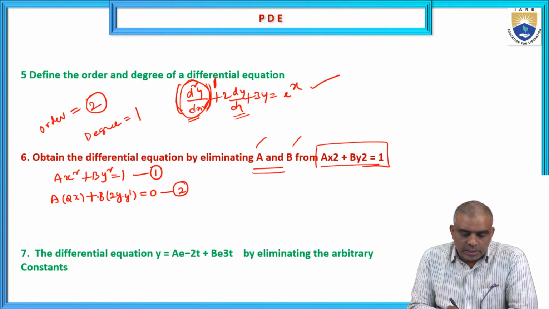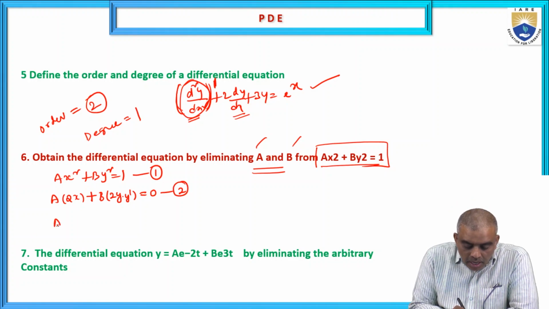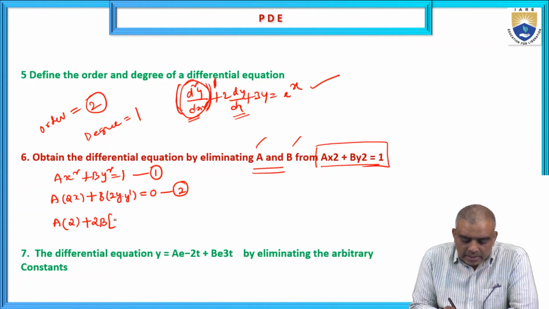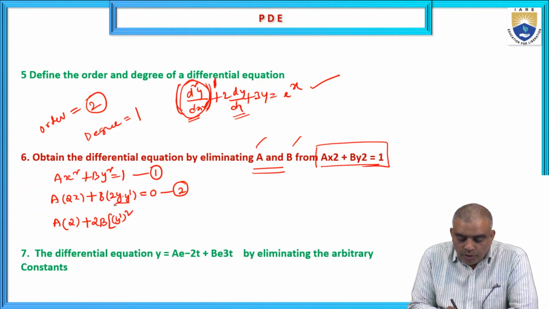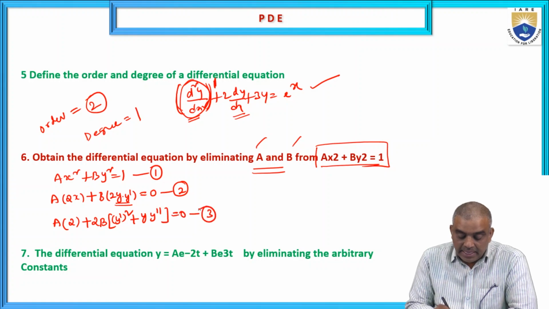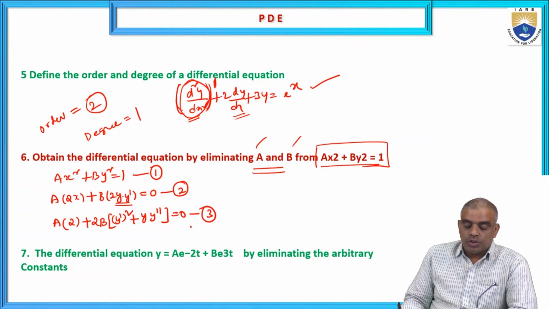Differentiating again, you will get 2a plus b into 2 into y dash whole square plus y, treating y dash as fixed, and the derivative of y dash is y double dash, that is equal to 0.